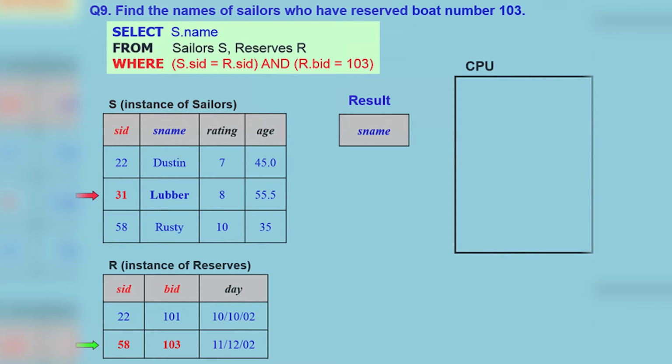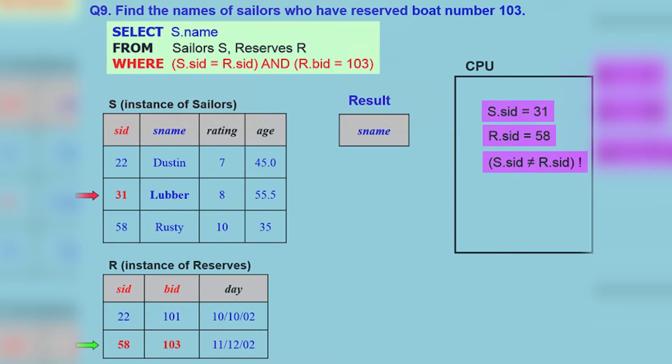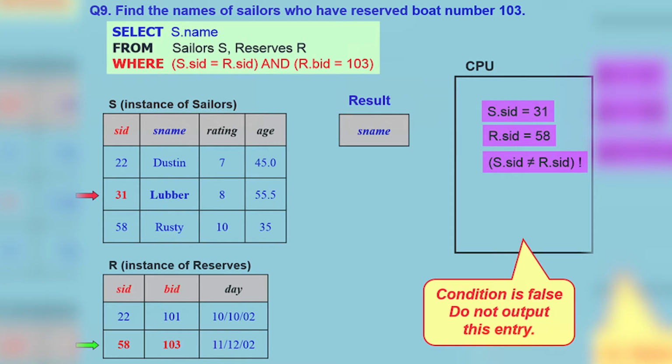Next step. S.SID is equal to 31. R.SID is equal to 58. S.SID is not equal to R.SID. Condition is false. Do not output this entry.